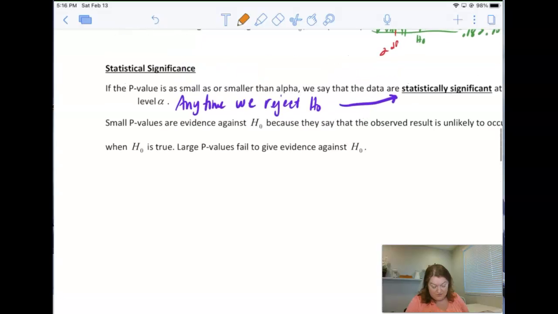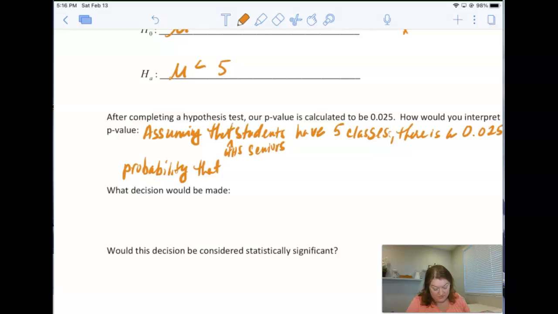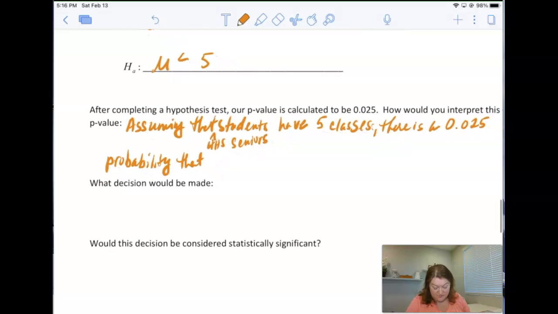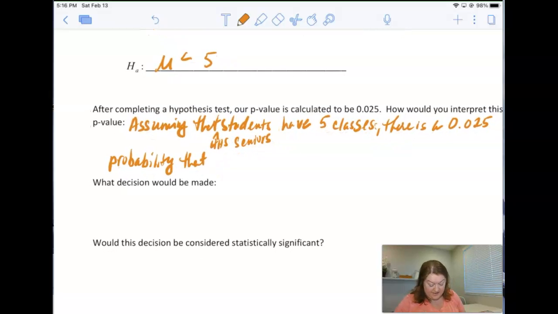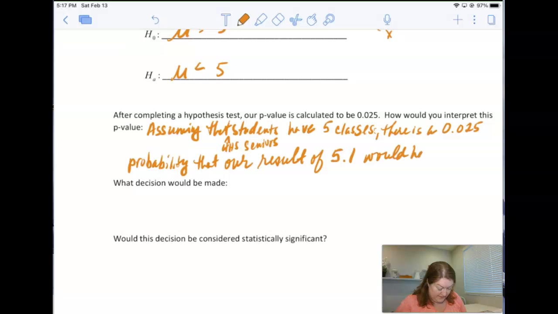There is a 0.025 probability that our result of 5.1 would happen just by chance.